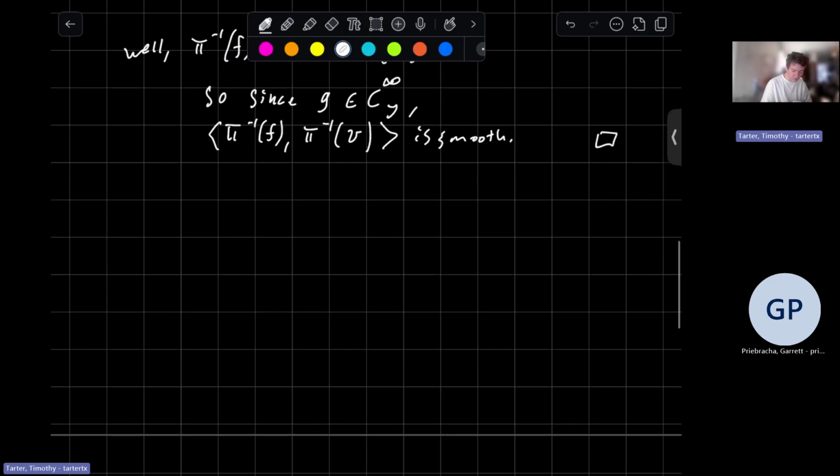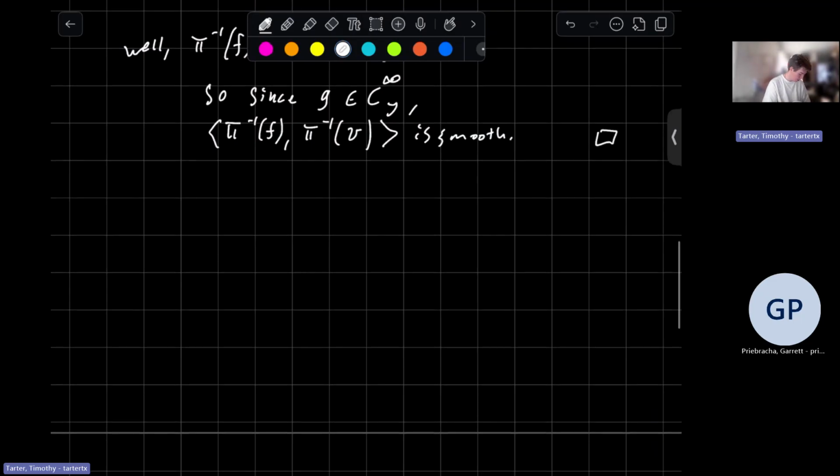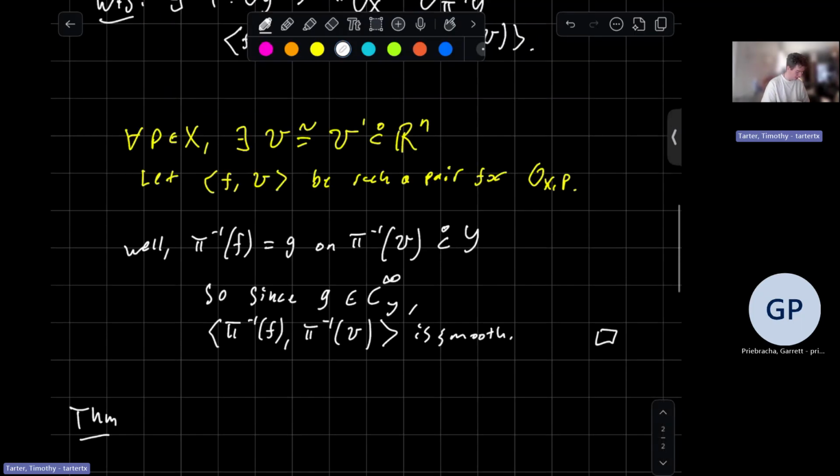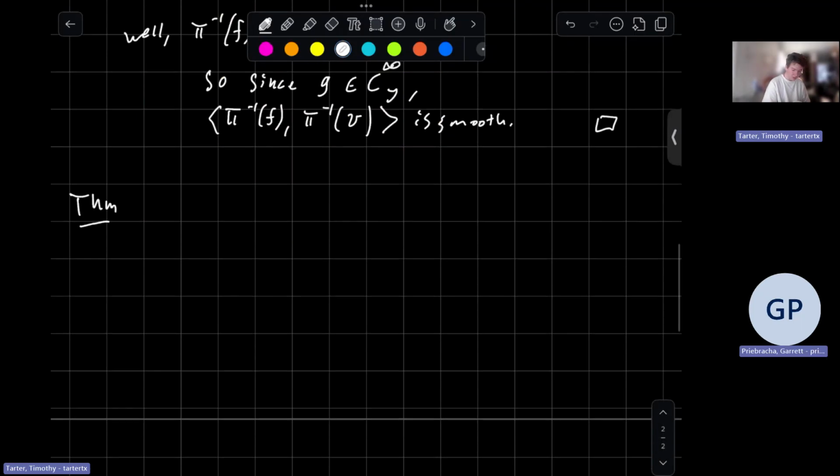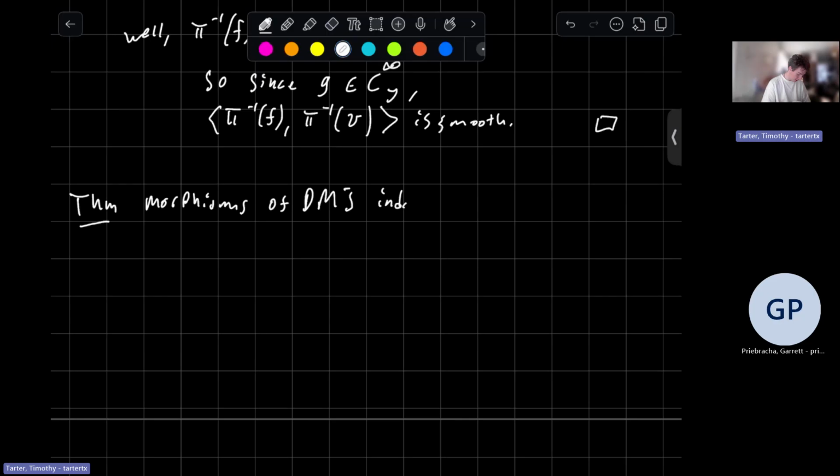Okay. A very related theorem that we kind of sort of proved by accident with this yellow bit is that morphisms of differentiable manifolds induce morphisms of stalks.